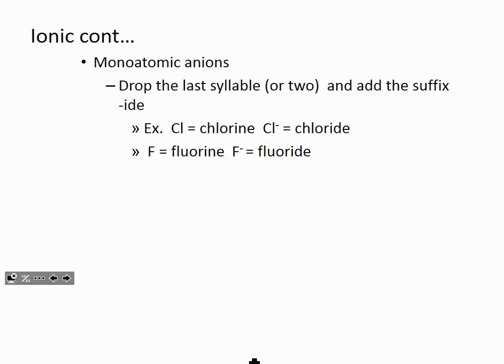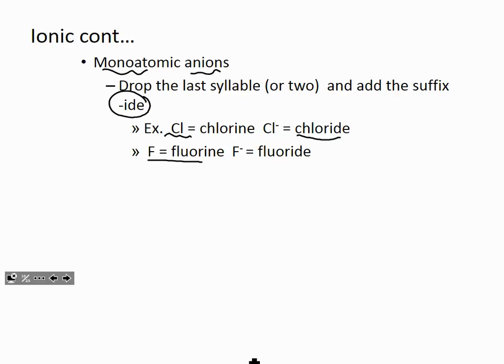However, with the anions on the periodic table, monoatomic anions, we drop the last syllable and add the suffix "ide." Chlorine, the atom with all of its electrons, is called chlorine. Cl-, the atom that has gained an extra electron to fill its octet, is called chloride.